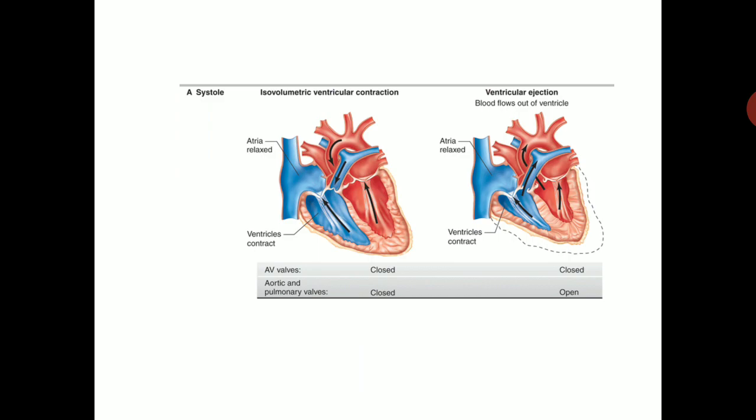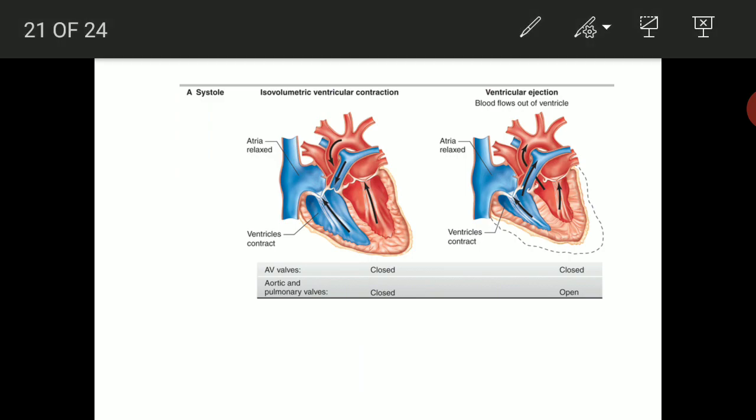So in this diagram we are seeing the systole. Systole is ventricular contraction. The initial period of the systole has isovolumetric ventricular contraction, meaning just before the starting of the systole, we are seeing that both valves, the atrioventricular valve and the semilunar valves, are closed.